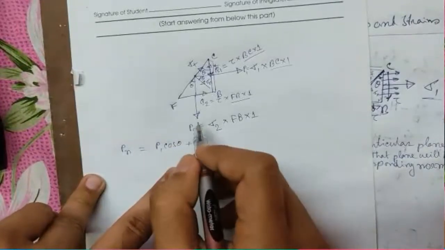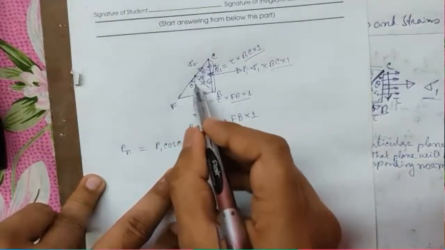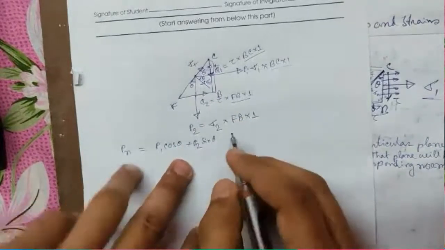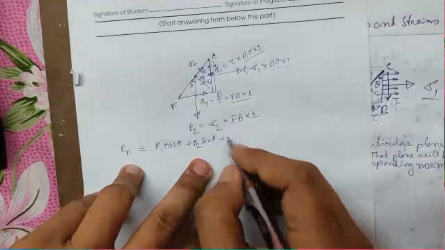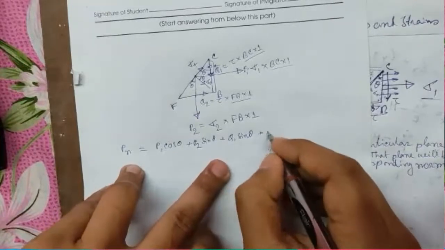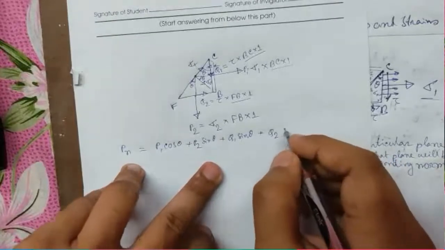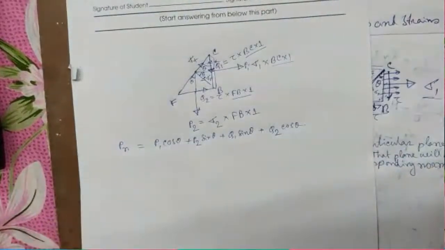And the component of P2: this is theta, so along this direction is 90 minus theta, so that will be P2 sin theta. Now the component of Q1 is Q1 sin theta and the component of Q2 is Q2 cos theta. Okay, those will be the components of the forces along Pn.